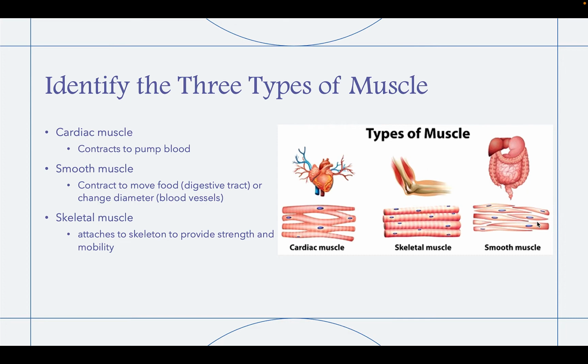They'll also be lining your blood vessels, like your arteries, to help change diameter for changing blood pressure. And then we have skeletal muscle, which attaches to the skeleton to provide strength and mobility. All the muscles that you're going to be looking at today for identification purposes will be skeletal muscles.